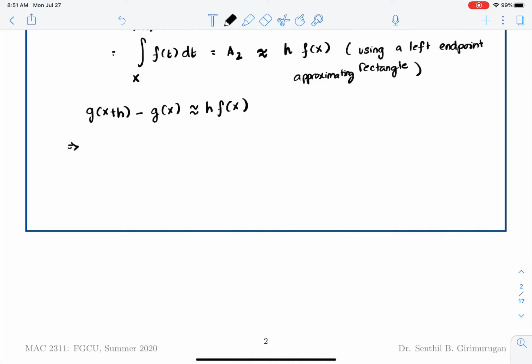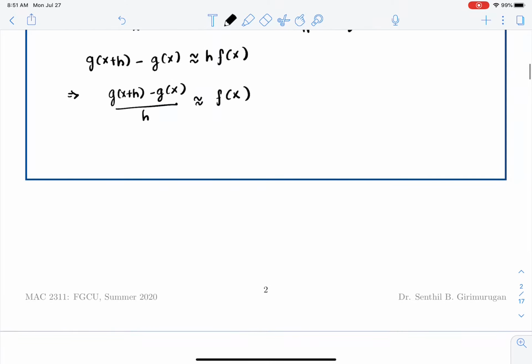This would imply g of x plus h minus g of x divided by h would be approximately equal to f of x, which would mean limit h approaches 0, g of x plus h minus g of x divided by h would be approximately equal to f of x, but in the limit it would simply be equal to f of x.